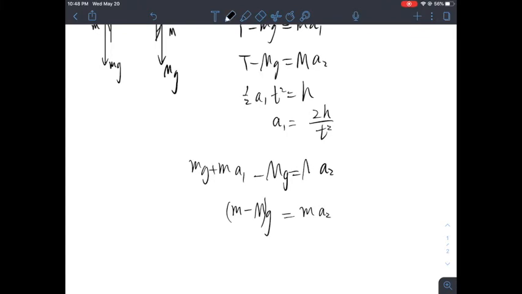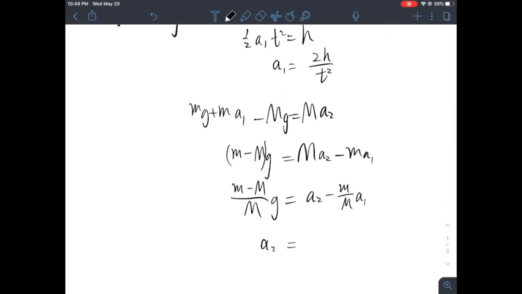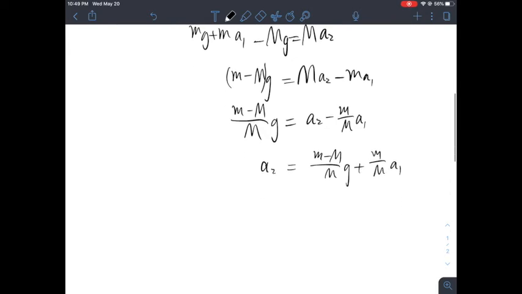Yeah, we need to fix this to the big letter M. Then we divide both sides by big M: (m minus M) divided by M times g equals a2 minus m divided by M times a1. Then we solve for a2, which equals (M minus m) divided by M times g plus m divided by M times a1. Then a1 is equal to 2h divided by t squared. Let's just plug it in.